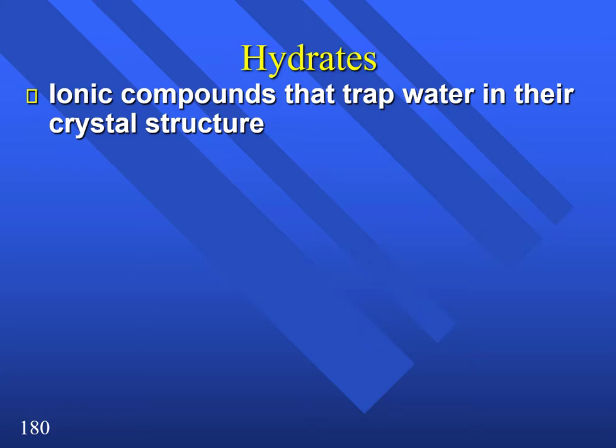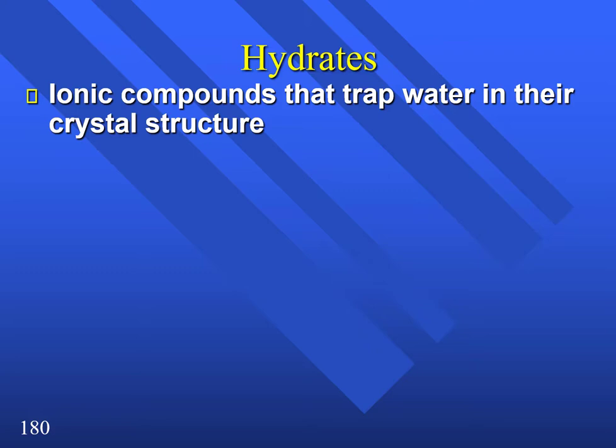So the ionic crystal has been hydrated. It's got some water added to it. So this is not liquid water. This is as a solid. Water is part of that solid. It's hanging on to some component of the ionic thing.